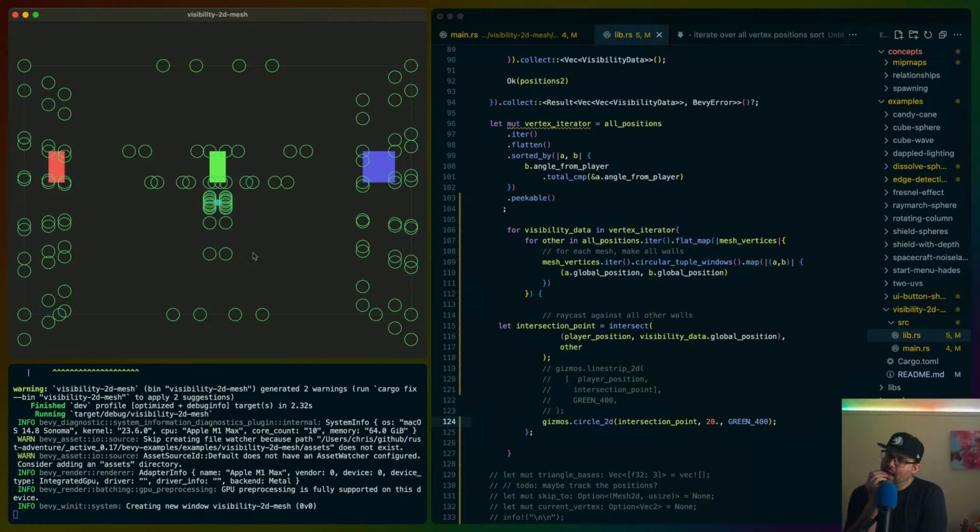That's interesting. That feels like a lot of intersections that aren't actually intersections.